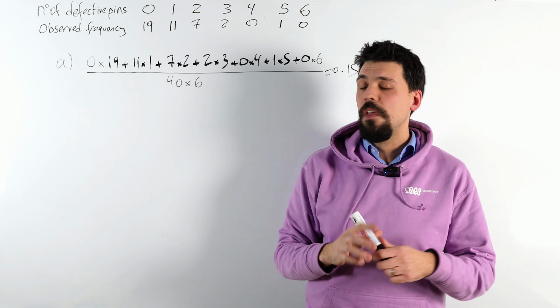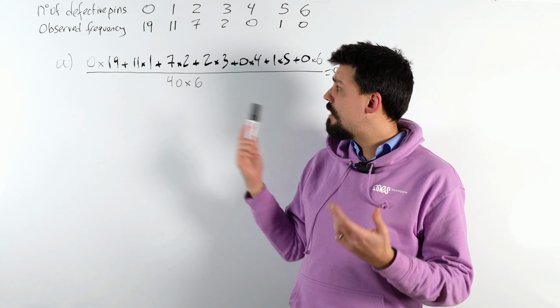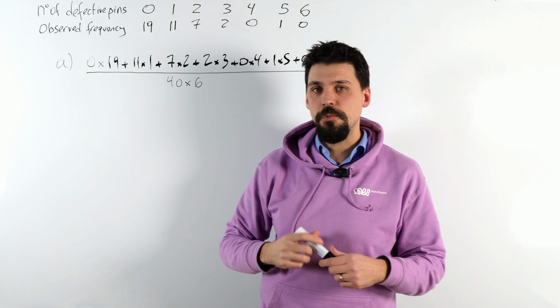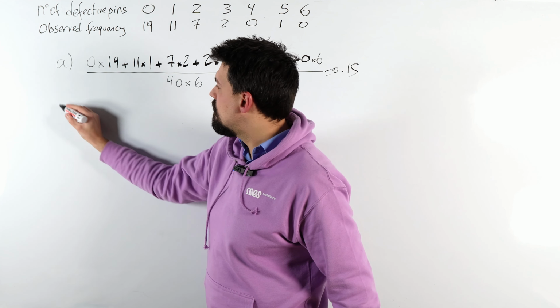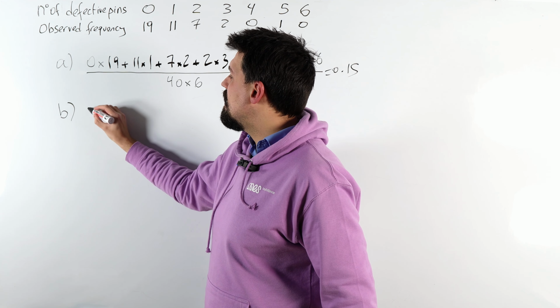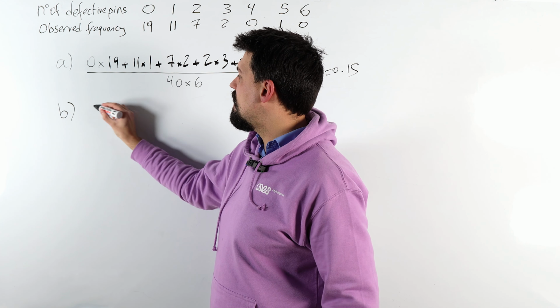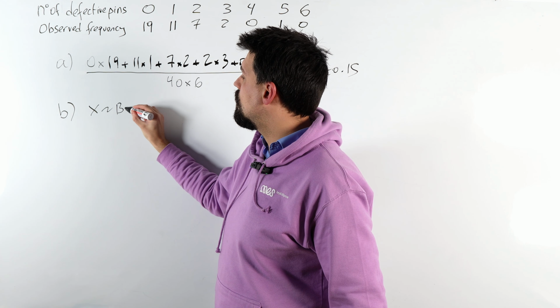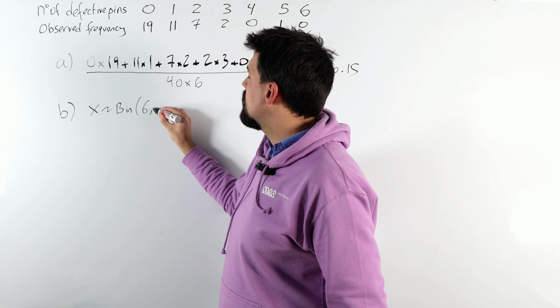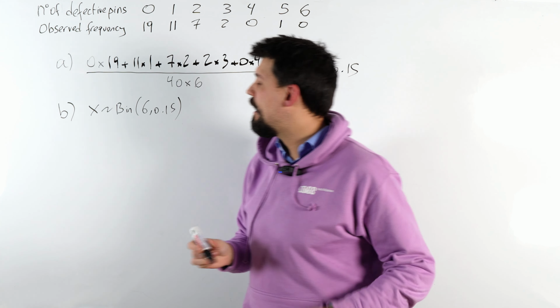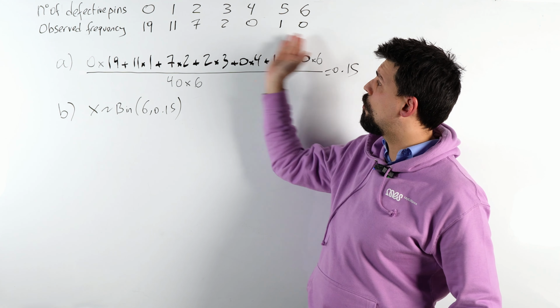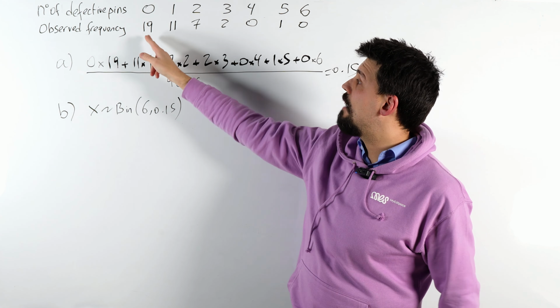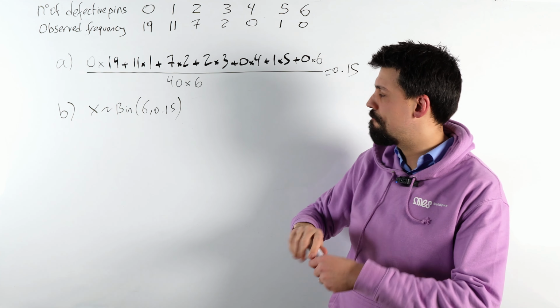Step 2. They think it should be modelled by binomial distribution. Okay, fine. So what we're saying is essentially, let's break this down, is that each little batch of 6 follows the binomial 6, 0.15. And what we want to know is how many out of those 40 batches we would expect to have no defective pins, 1, 2, 3, 4, 5, 6.